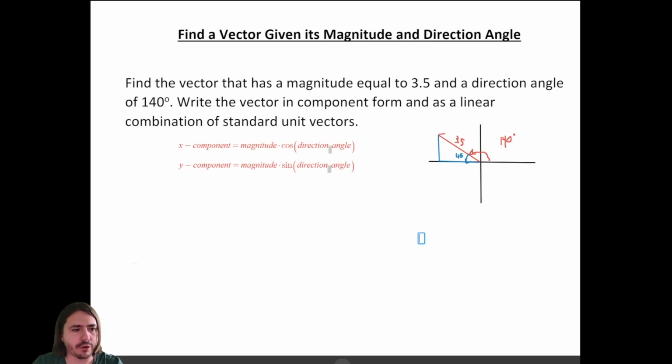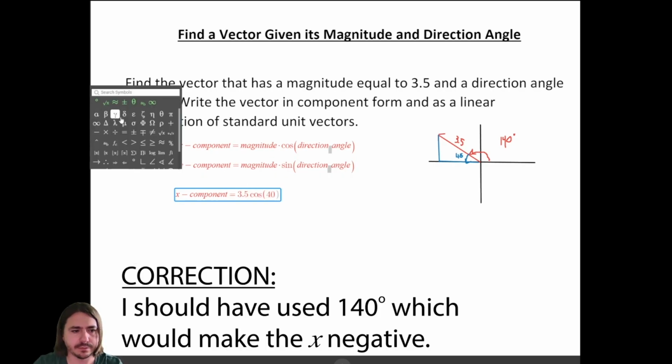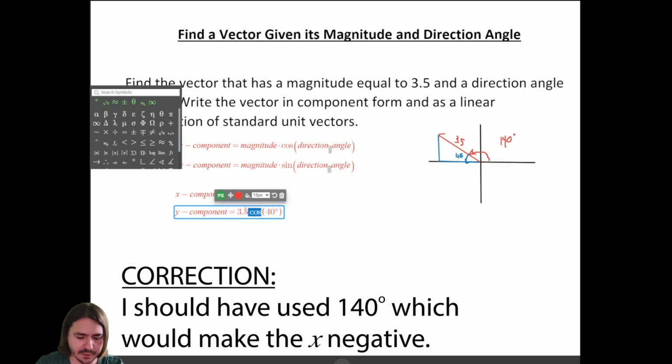Okay, so let's go ahead and calculate both of these. My x component will equal 3.5 times the cosine of 40 degrees. And then the y component is going to be 3.5 times the sine of 40 degrees.